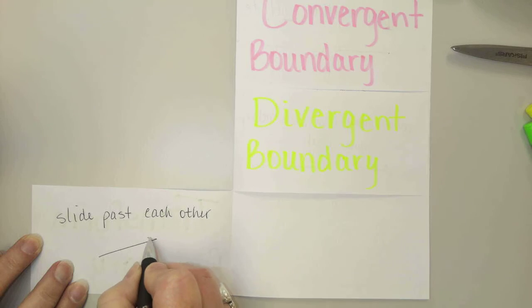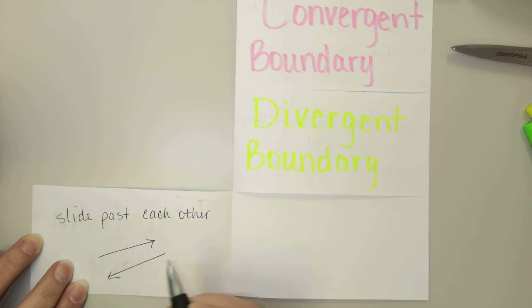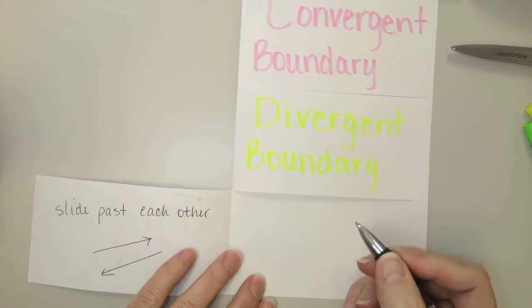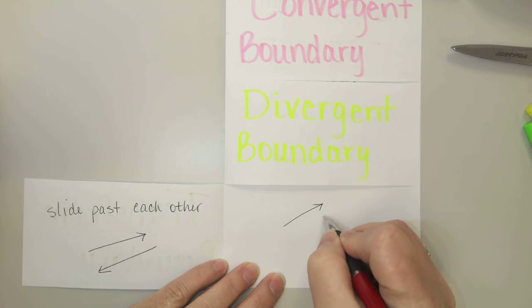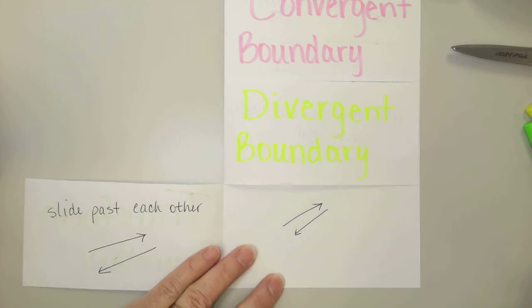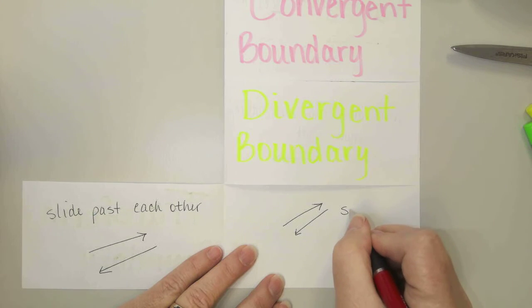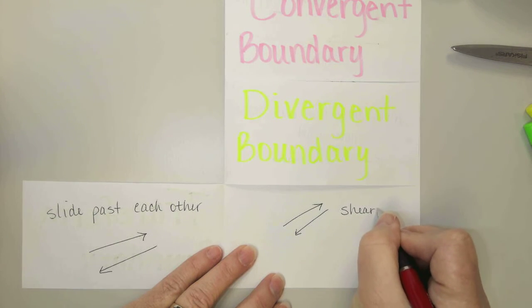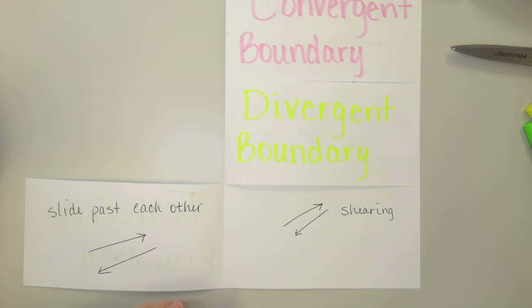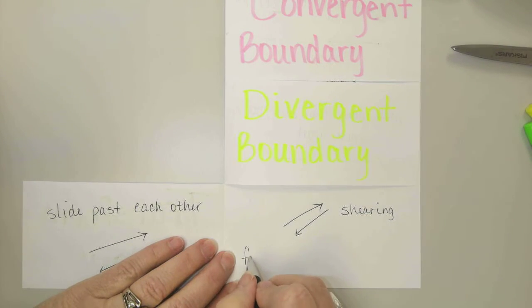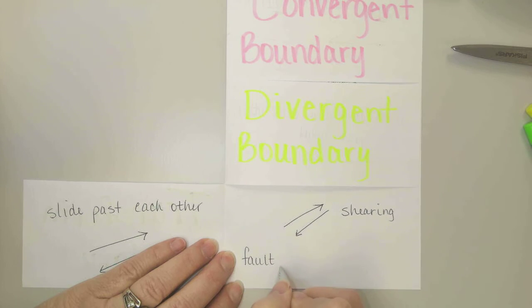Okay, we've got one going this way, we've got one going this way, and right here, this is called shearing. When we have that movement, we have one going one direction and one going that way, but they're rubbing against one another. It's called shearing. S-H-E-A-R-I-N-G. This is where a fault is created.